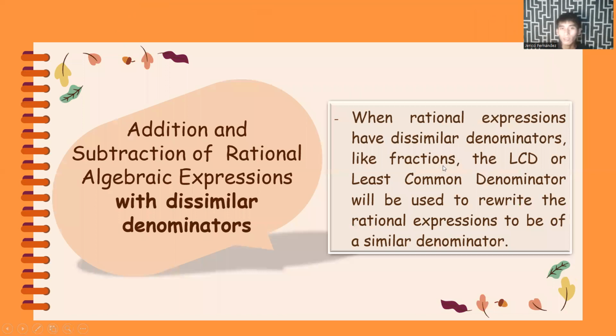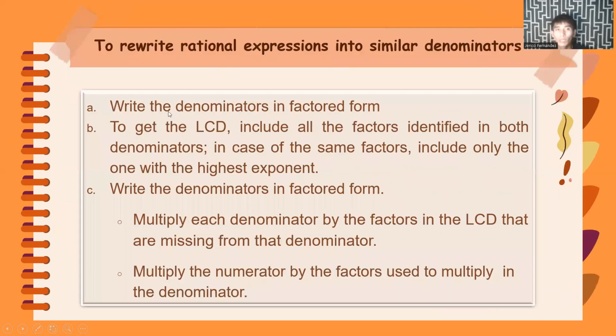Okay. So addition with dissimilar denominators. When we say dissimilar, they have unlike or not the same denominators. The first thing to do is get the LCD, or the least common denominator, just like how we do with fractions. So first, write the denominators in factored form.